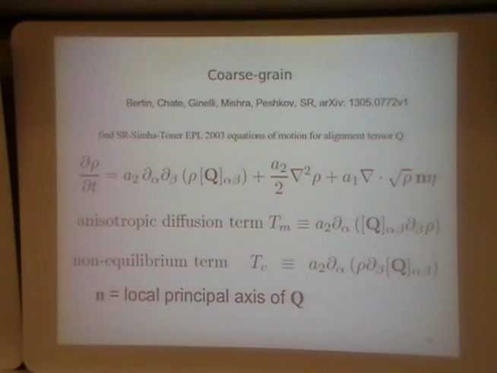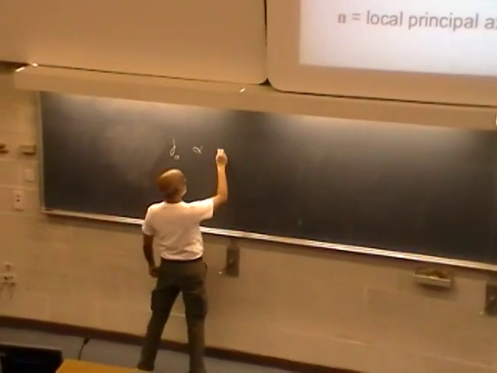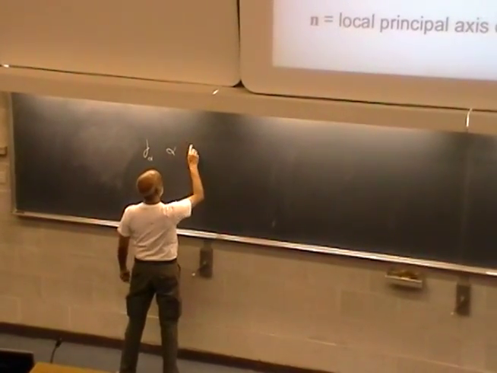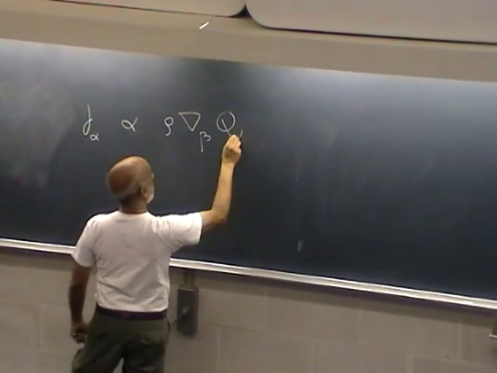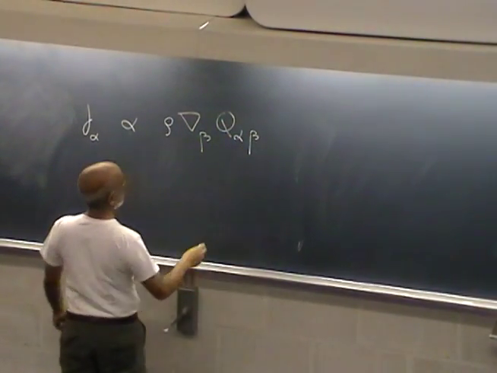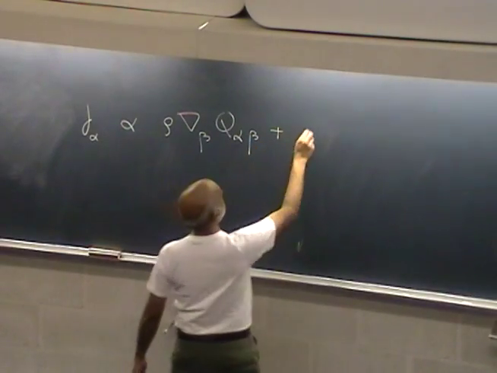So the term up there says that there is a current proportional to the local concentration times the divergence of the nematic orientation tensor plus another term.